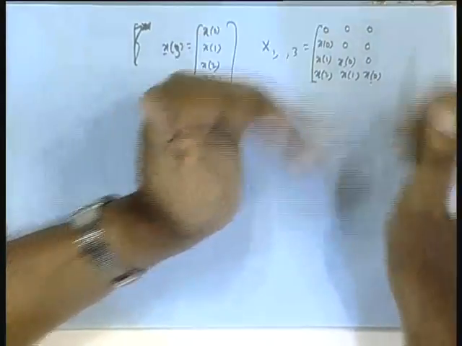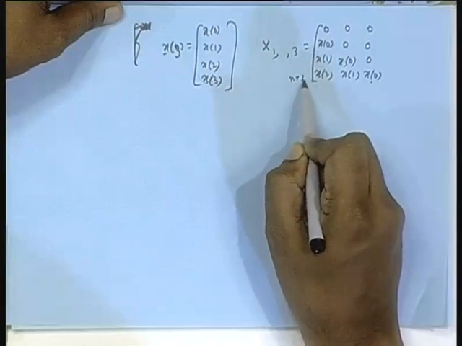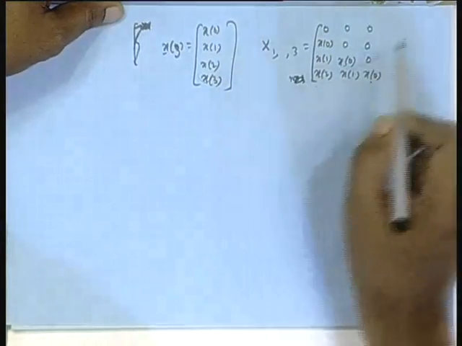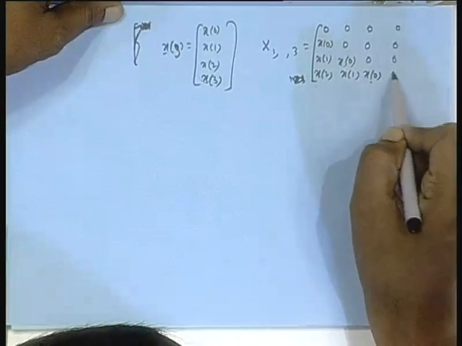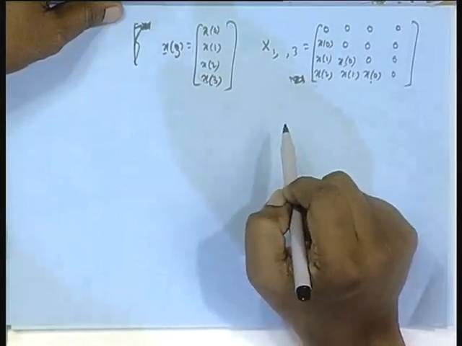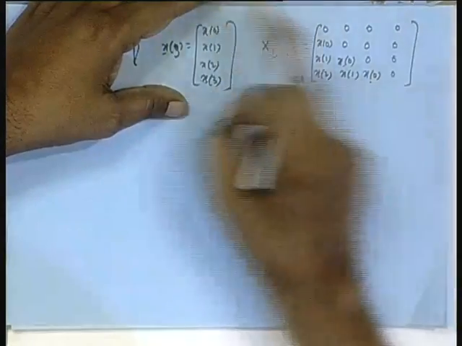Suppose I want to go for another order at this stage, at index n equal to 3. So, I will have this. Now, I want to project this vector on the space spanned by these 4 columns in a recursive manner.